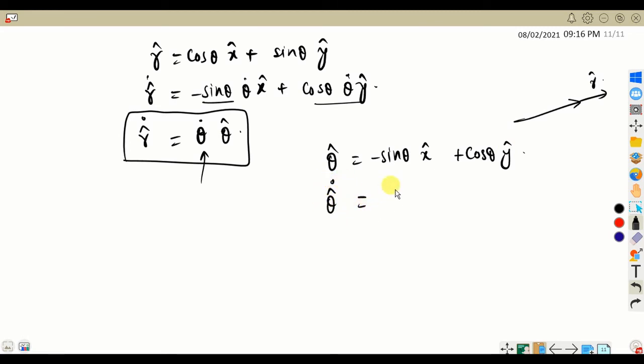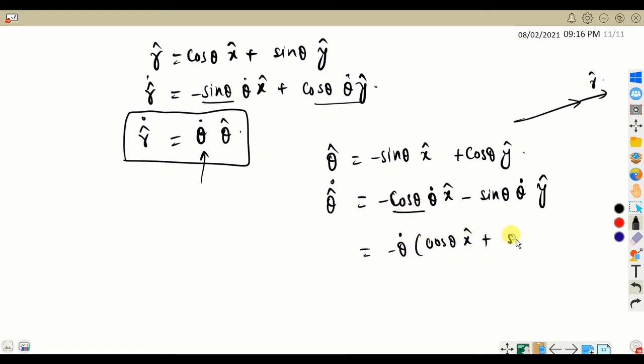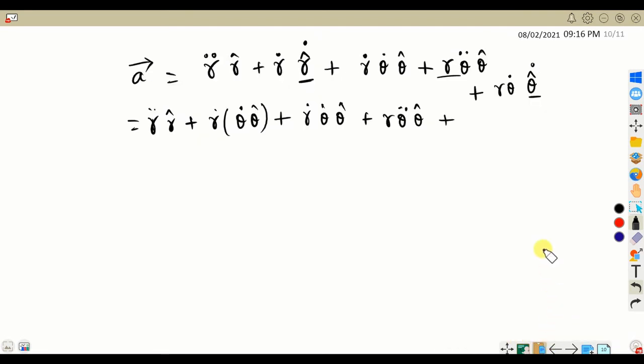So theta hat dot will be minus cos theta theta dot x hat, then the derivative of cos theta is minus sine theta, which gives theta dot y hat. Now if I take minus theta dot outside, you are left with cos theta x hat plus sine theta y hat. Am I correct? Now cos theta x hat plus sine theta y hat is nothing but r hat. So theta hat dot is minus theta dot r hat. It is great news.